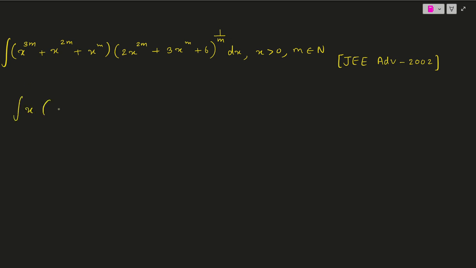After taking x common, we'll get x^(3m minus 1), laws of exponents, x^(2m minus 1) plus x^(m minus 1), and it is same cause there is no change here.